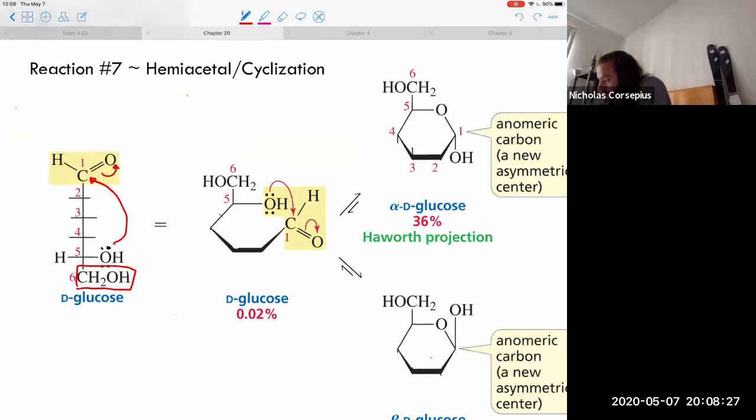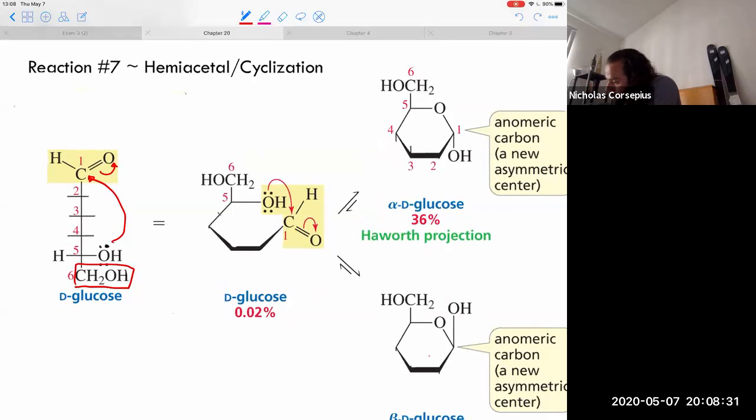The last thing that was really important about this was what happens to the stereochemistry of this carbon here. At first, when it's in this aldehyde form, it's sp2 hybridized, so it's in a planar shape, but it's going to become an alcohol group on that oxygen, and so there's going to be a certain stereochemistry involved.